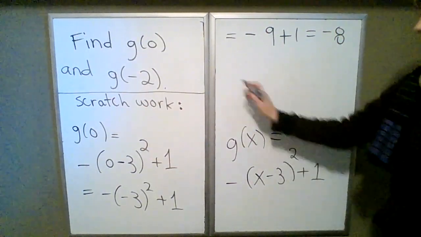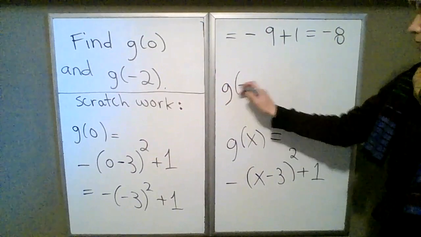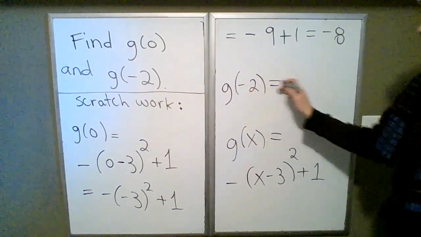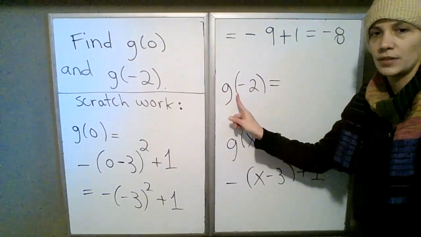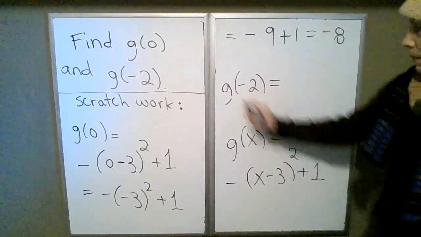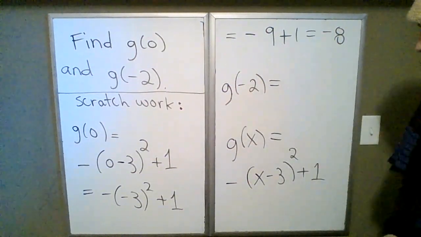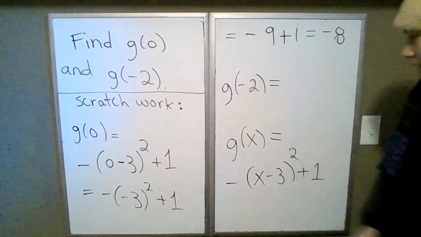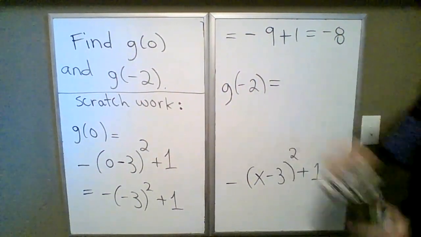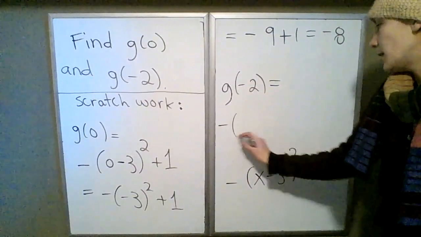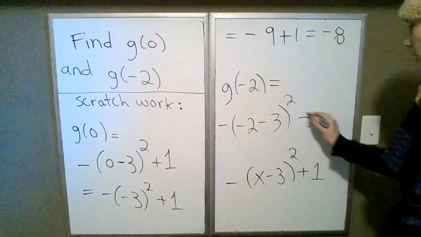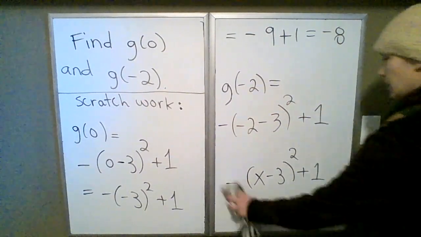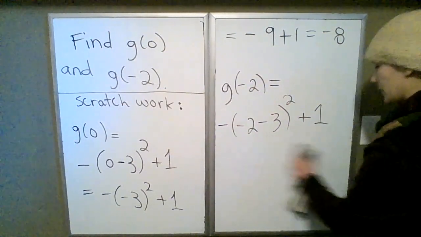Okay, g of -2 means put x equal to -2 and send it through the function g. It's right here. It's negative of (-2 minus 3) squared plus 1.